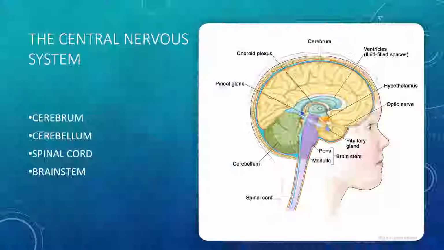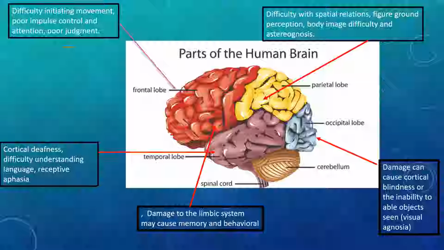So the central nervous system is basically the cerebrum, the hemispheres, the cerebellum, the spinal cord, and the brainstem, which is located right there. So this is to just show you the view of the brain, so you could see the lobes.